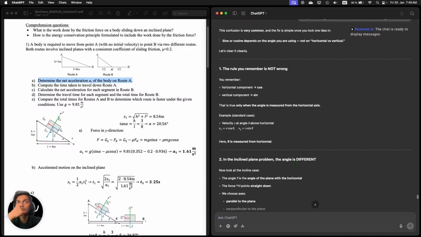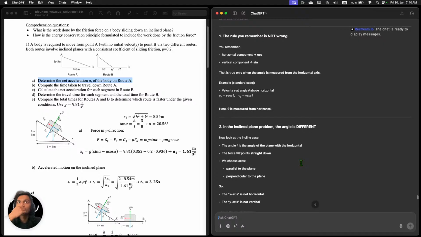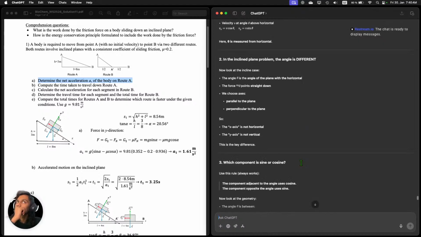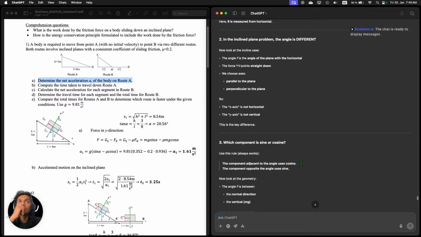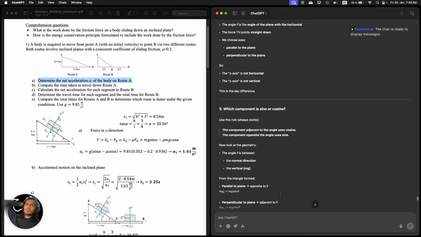Though, okay, here theta is measured from vertical. The component adjacent to the angle uses cosine. The component opposite to the angle, from the normal direction, the vertical mg, triangle.